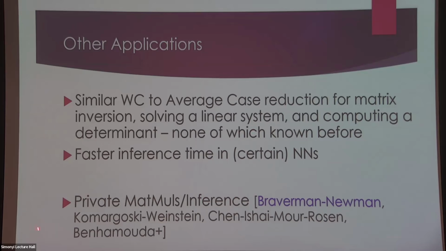Good. Another line of work that followed this that I want to mention, starting with actually a concurrent work of Braverman and Newman, but then several works afterwards, was using the same type of construction, the same type of trapdoor matrices, back for the settings of cryptography for the task of trying to do private inference with tools that are actually practical, unlike FHE.